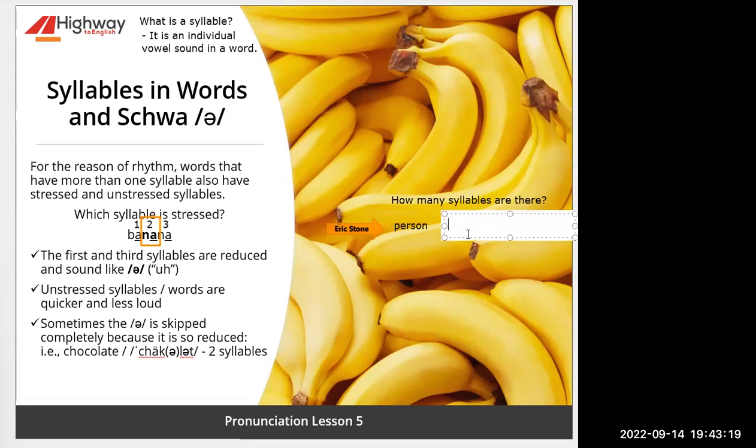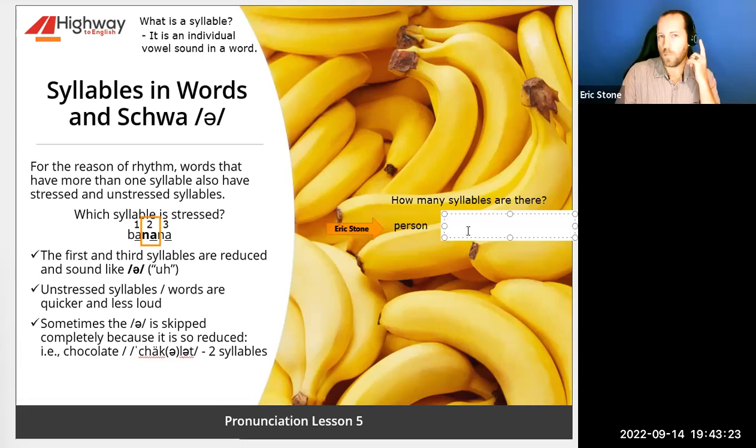Person. It's 3, sorry. So the vowels are there are only 2. Person, right? So this one has 2 syllables.